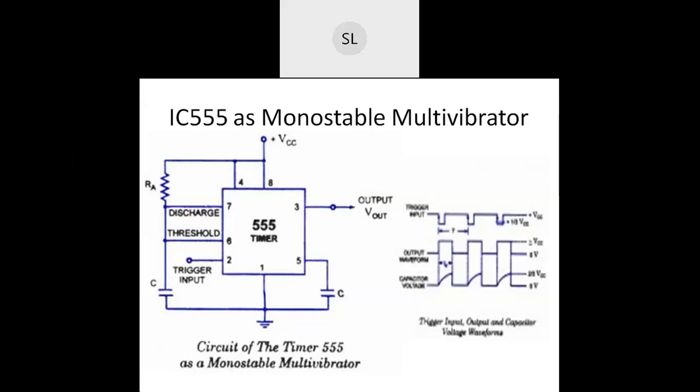It will be switched from high to low state. Now when this happens, the output of the flip flop turns the transistor Q1 on, and therefore the capacitor C will start discharging through that transistor. Then the output of the monostable will remain low until a trigger pulse is applied once again. Okay, therefore the cycle repeats itself.